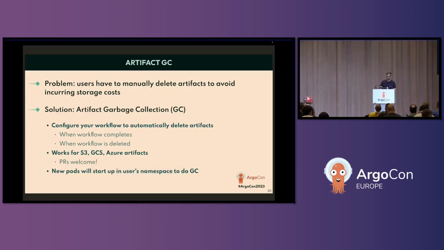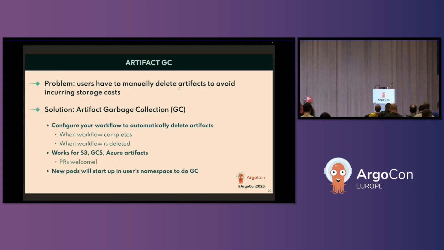So the problem we were trying to address is that users have traditionally needed to manually delete their artifacts to avoid incurred storage costs. Or maybe their admin sets up some sort of TTL type policy in the cloud storage, but that's really being controlled by the admin and not by the user themselves.